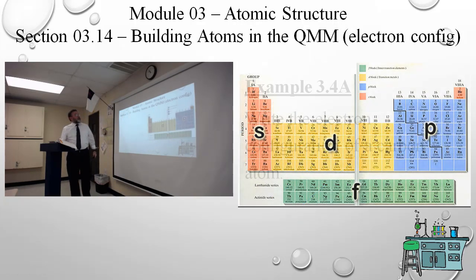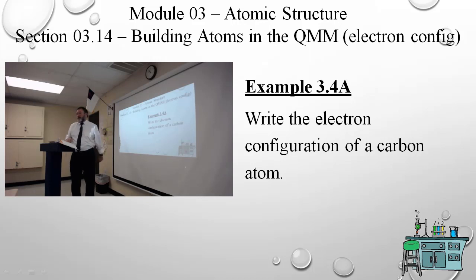Okay? So, for example, write the electron configuration of a carbon atom. What is the electron configuration of a carbon atom? First thing we're going to do is figure out how many electrons we need to place. Looking over on the periodic table, we see carbon, and it has an atomic number of 6. So I need to place 6 electrons. What addresses are they going to fill? I'm just going to count it up.